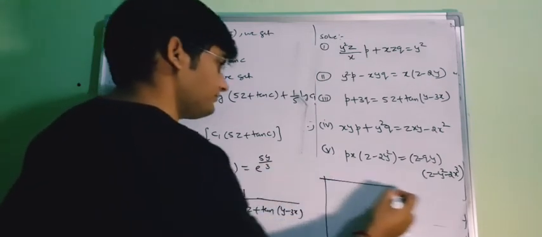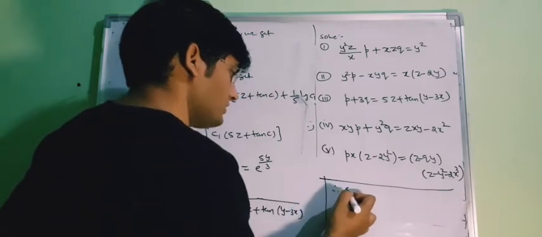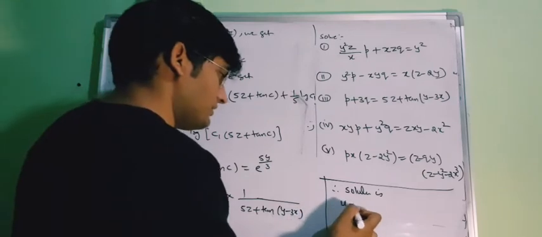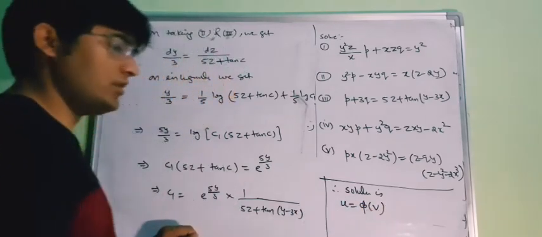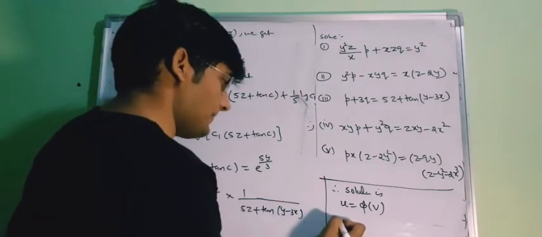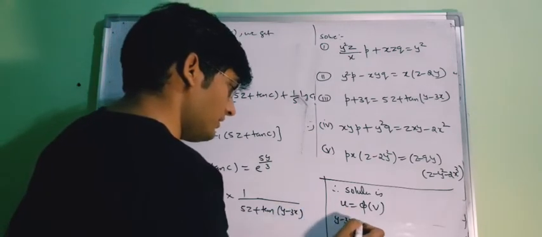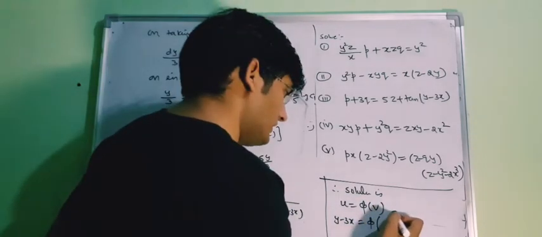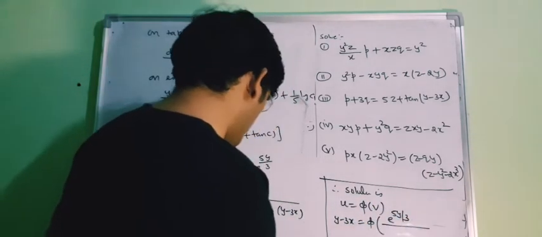Therefore, our solution is, now you can write it either u equal to function of v or function of u comma v equal to 0. Say your u is y minus 3x and your v is this term. You can write it in any form and all are equivalent to each other.